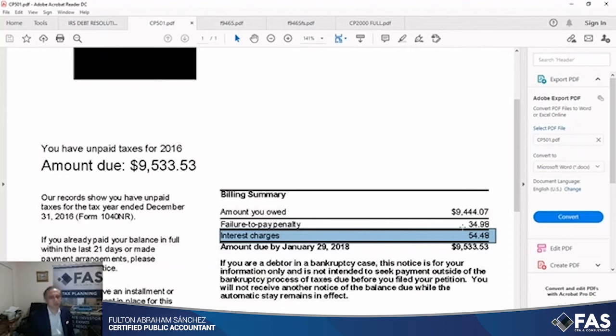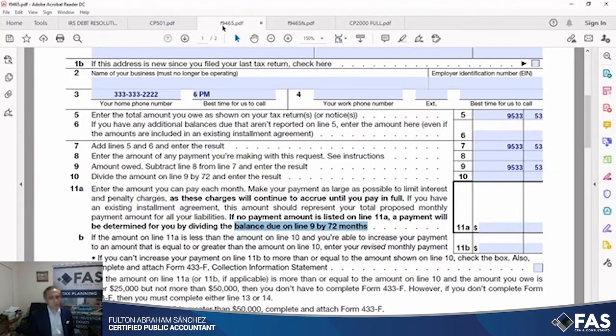And then it will keep accumulating, probably a little more than 54, because remember, this 54.48 is for 1 month. It will be added to the 9,533, and then over that balance another 4% will be calculated. So it's critical that when you do your calculation, you pay in the least number of months, with the objective of reducing your tax liability for the interest increase.